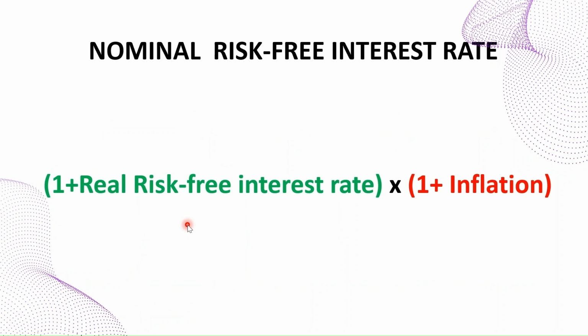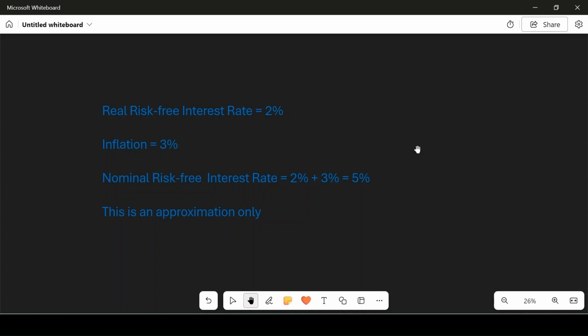Why should we use this method to calculate nominal risk-free interest rate? Let us see through an example. Let us assume the real risk-free interest rate is 2% and inflation is 3%. Then the nominal risk-free interest rate is 2% plus 3% equal to 5%. Again, as I already told, this is an approximation only.